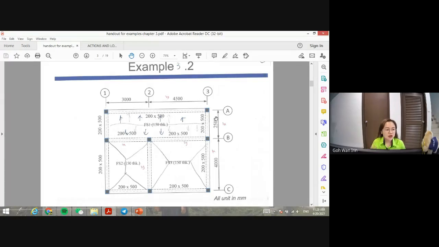So normally what I will do is I will determine which one is Ly and Lx first. So I mark for this, here is Ly, here is Lx. So for Fs2, this is 4,000 and this is 3,000. Automatically here is Ly, here is Lx. And for Fs3, this is 4,500, this is 4,000 mm.